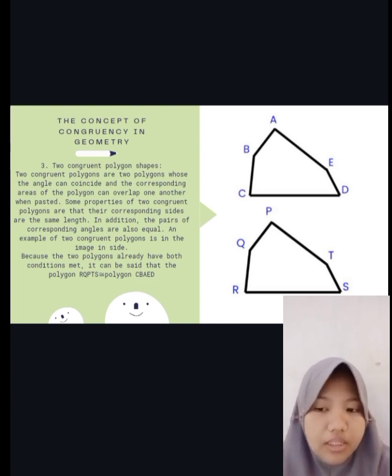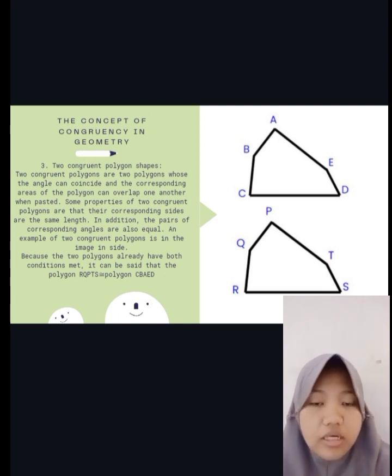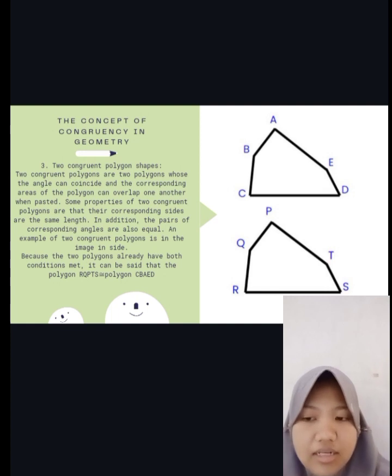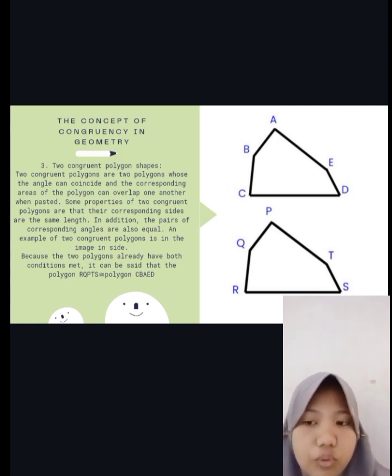The next example of the concept of congruency in geometry is two congruent polygons. Two congruent polygons are two polygons whose angles can coincide and whose corresponding areas can overlap one another when placed on top of each other. Some properties of two congruent polygons are that their corresponding sides are the same length.